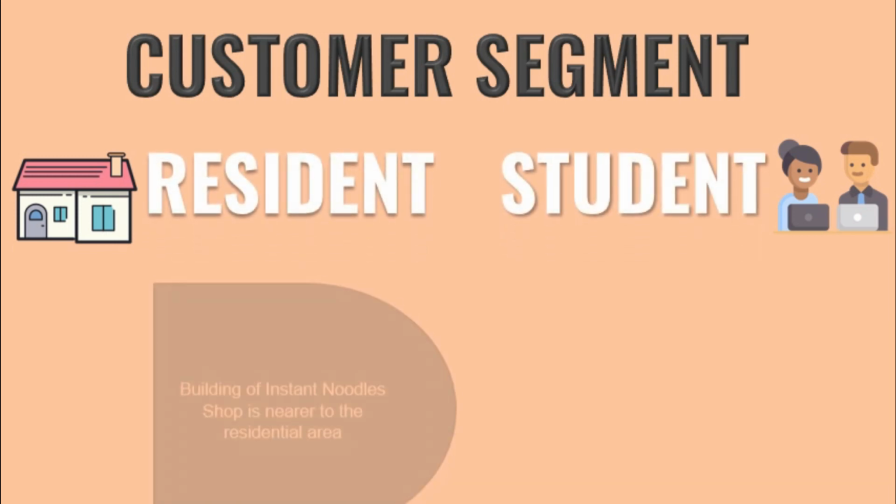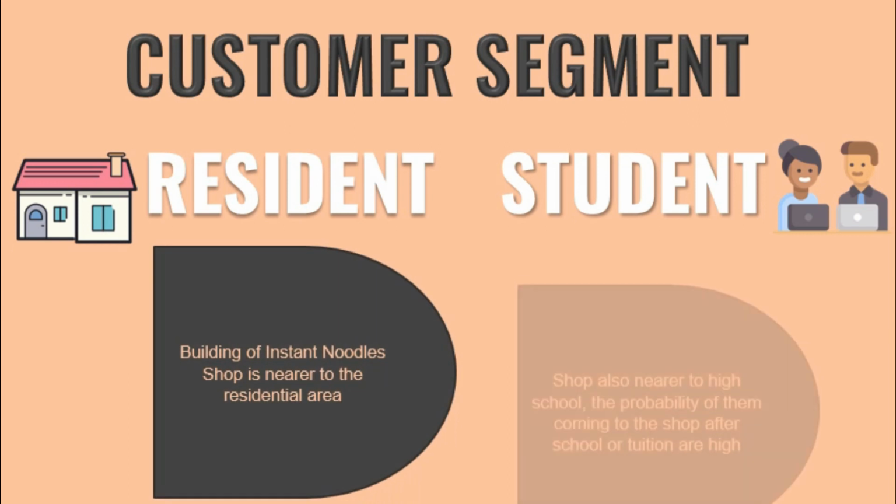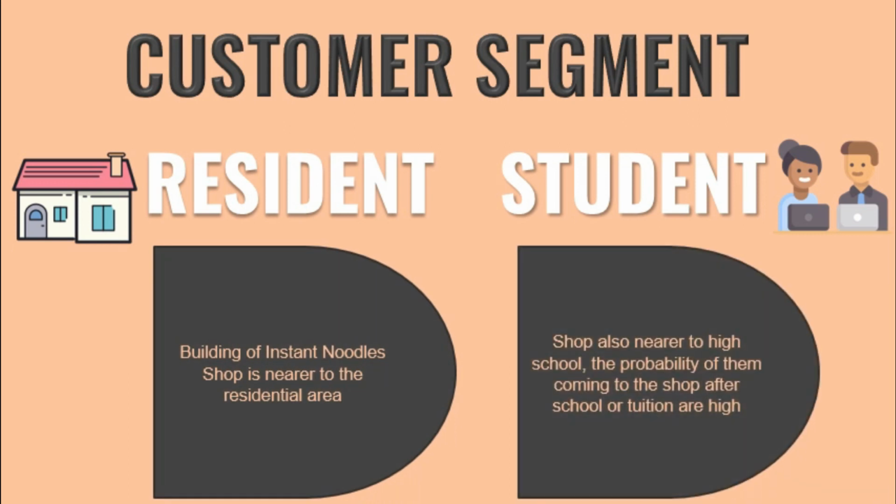Both of these groups are near the shop, which means the location of their houses and the school area is near the building. So that is why the customer segment is focused on residents and students.